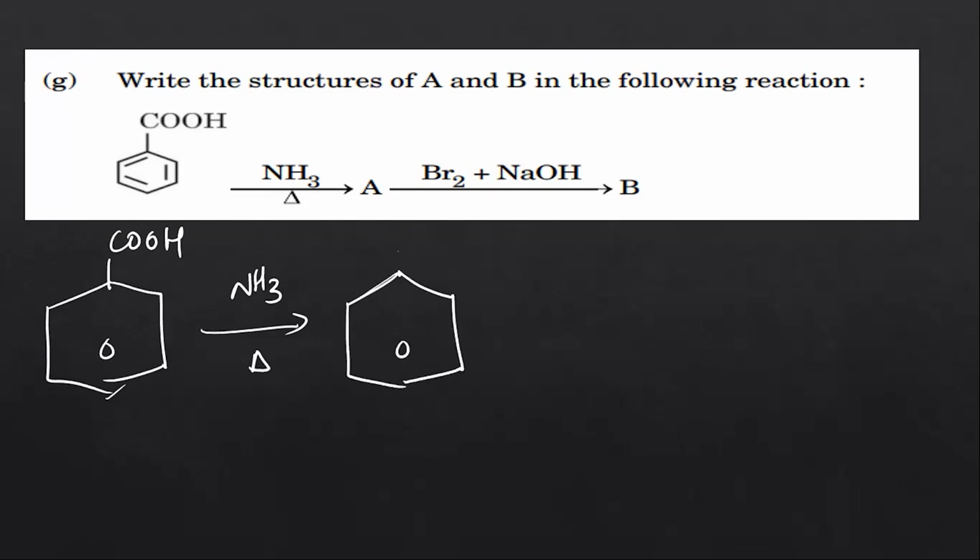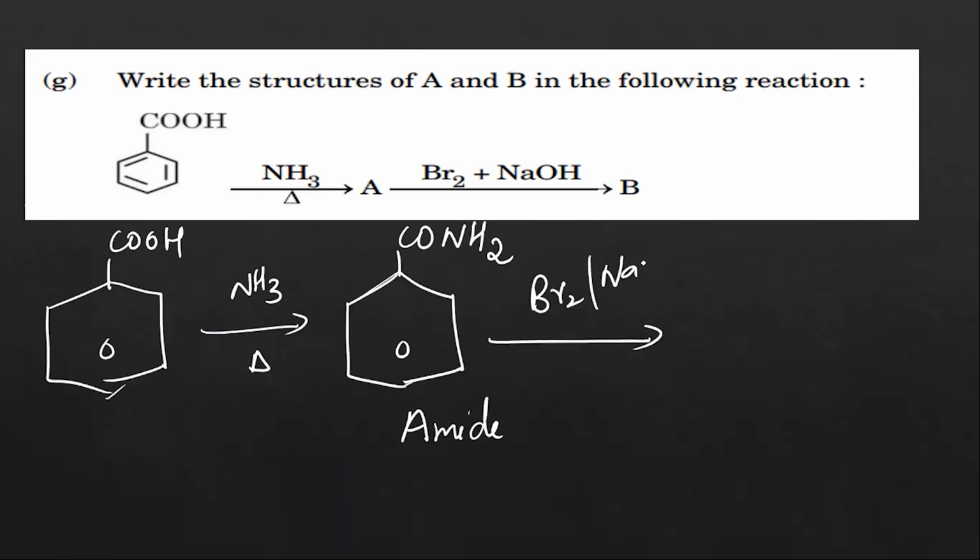So you will be getting CONH2. So this is A. Okay, you are getting amide. Amide, when treated with bromine in the presence of alkali, which reaction is that? When you hear the word amide and bromine, just think about Hofmann bromamide synthesis.